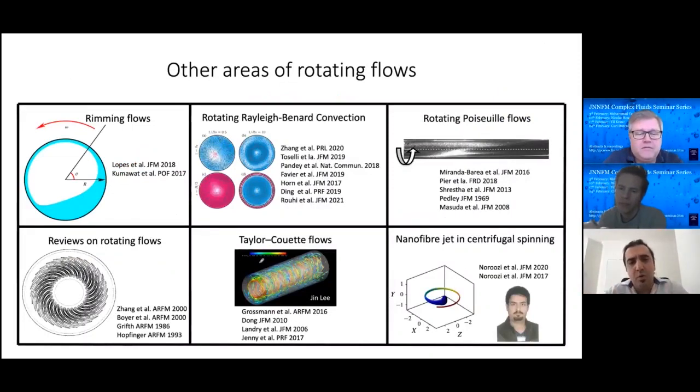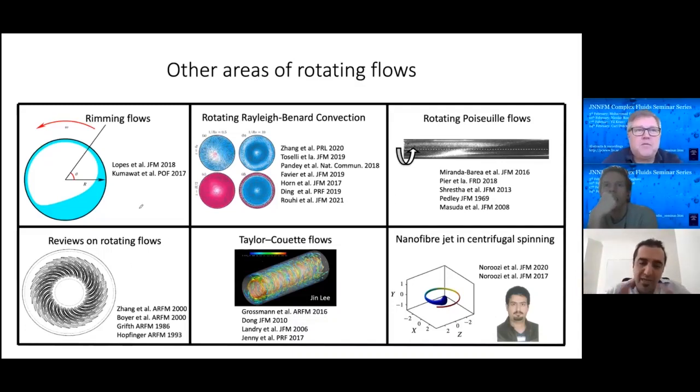Just one more thing before going to the viscoplastic results. I would like to open a parenthesis and mention some of the other areas of rotating flows. Of course, I'm not presenting anything on the geophysical flows because there are hundreds of papers in geophysical flows because of the rotation of the Earth. But those are mainly on unconfined flows, and the scales are different.